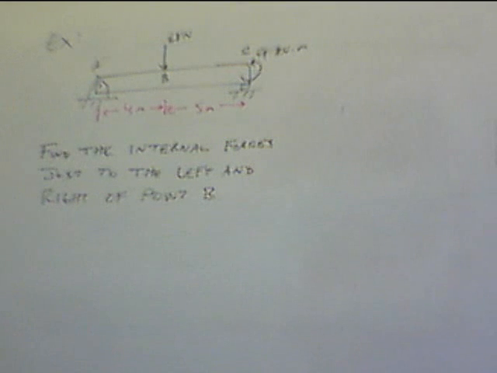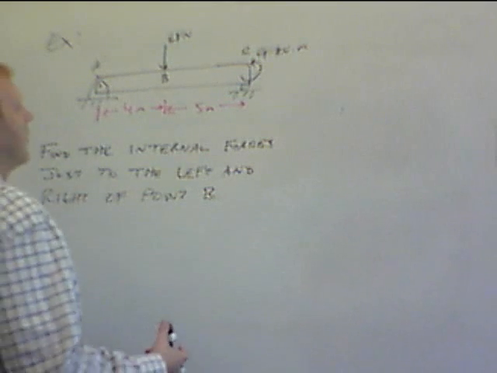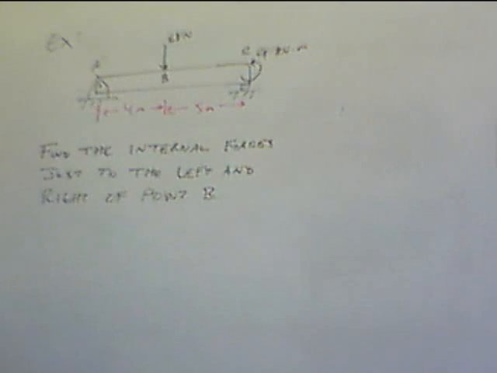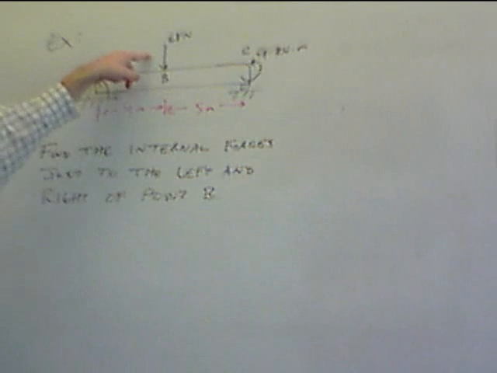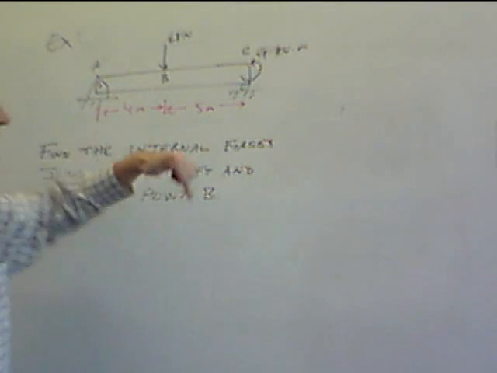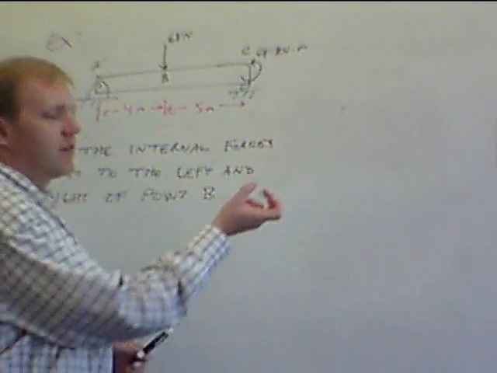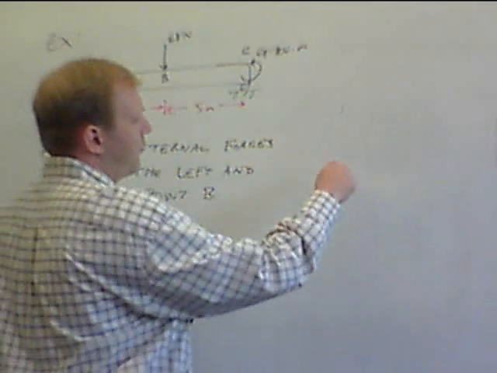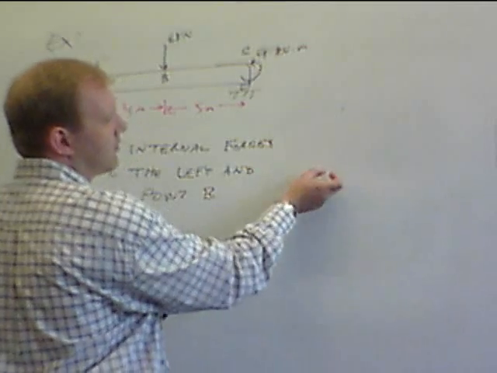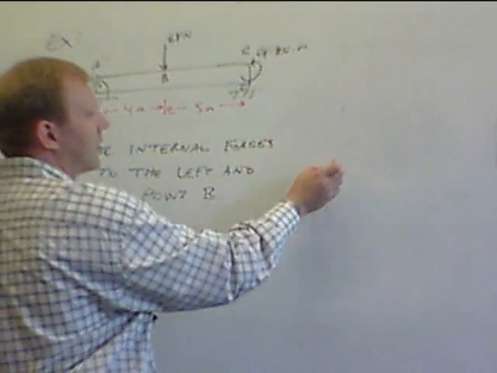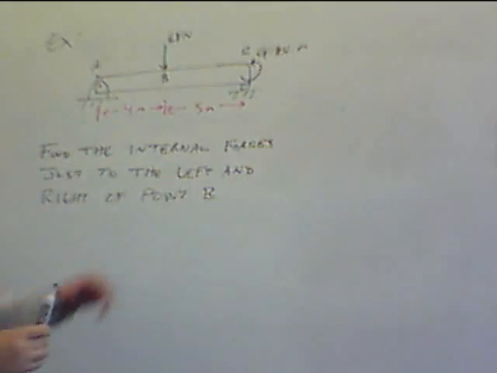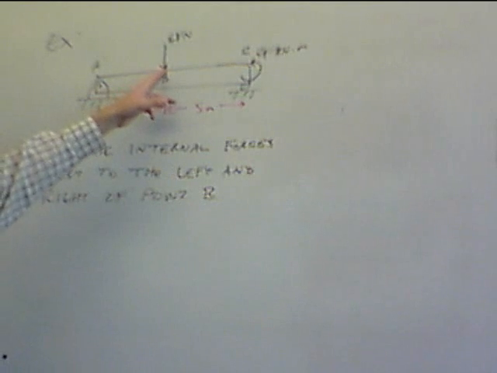It says just to the left or right of point B. The reason that we do this is we have idealized this force. We have said this force only acts at a single point on our beam. In reality, if you exert a force on something, it's always distributed over some area. Even if I push with my finger on the board, there is some small area that my finger is covering as I press down. Here we're idealizing this to a single point.